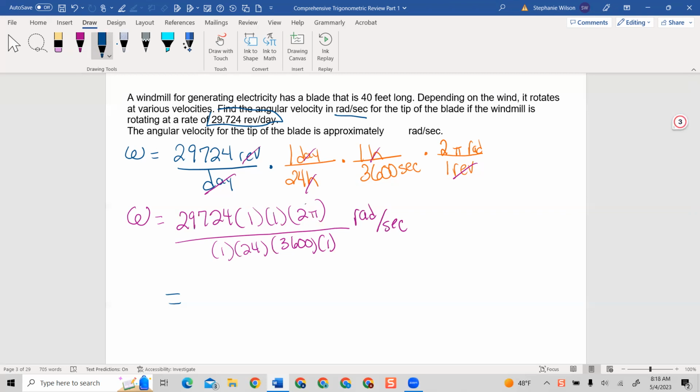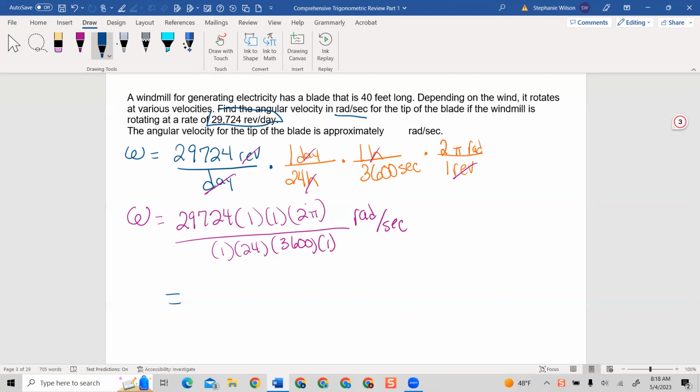I'm going to leave it in the exact form, and then I'm going to convert it to decimal, just in case. So the exact form is 29,724 times 2 over 24 times 3,600.